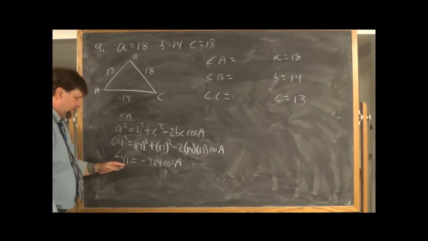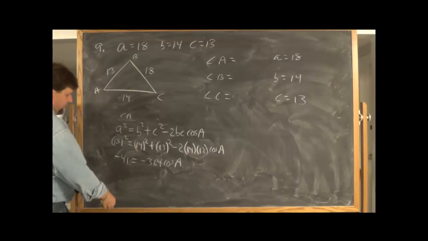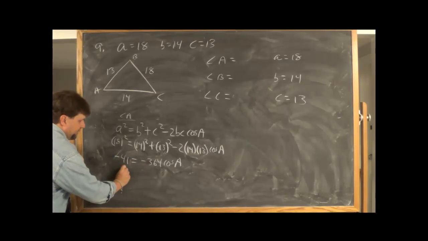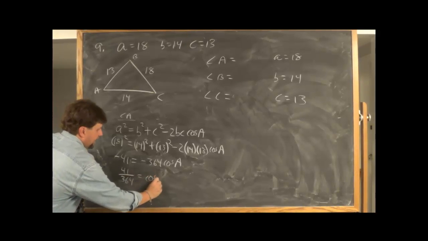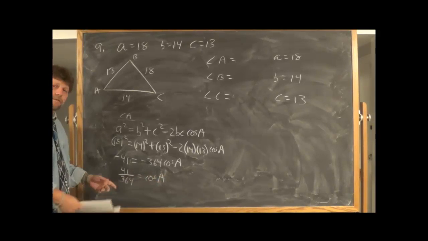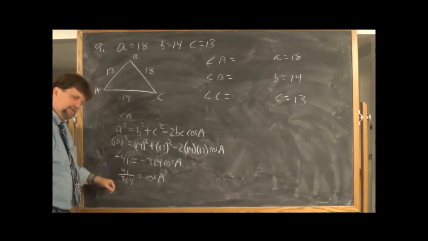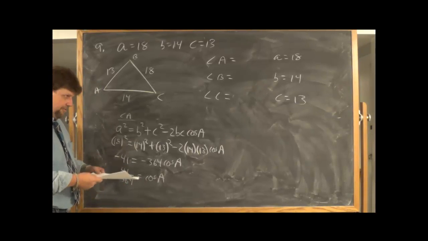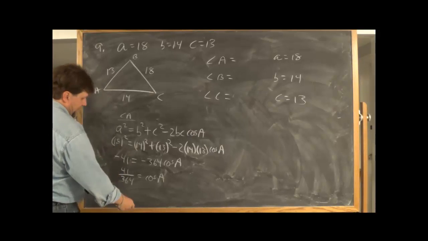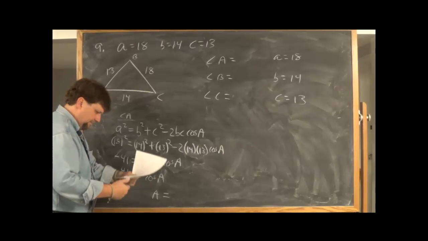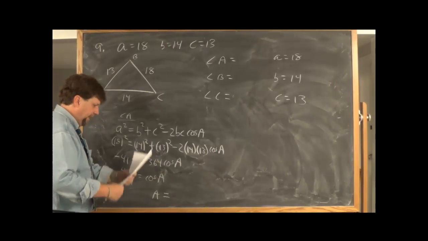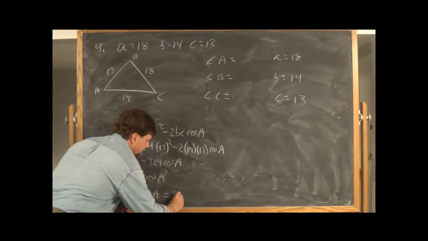Divide both sides of this equation by negative 364. Now look, a negative divided by a negative is a positive. And then to find angle A, I use inverse cosine. So I do inverse cosine of 41 over 364, and that gives me angle A is about 83.5 degrees.